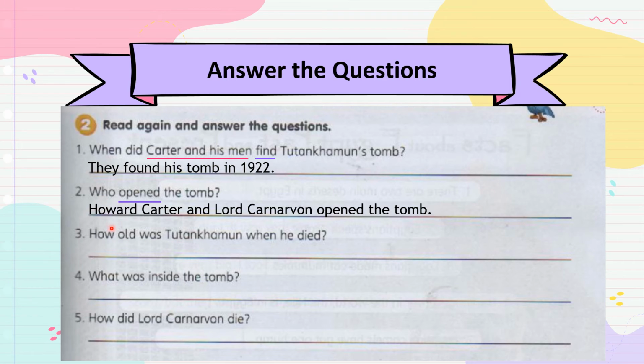So, awak akan tulislah siapa? Howard Carter and Lord Carnarvon. Memang akan tulis nama dia. Okay, open sama juga. Opened telah bermaksud telah buka. So, bila benda yang dah berlaku, so kita salin balik. Open the tomb. Okay. Next, number 3. How old was Tutankhamun when he died?